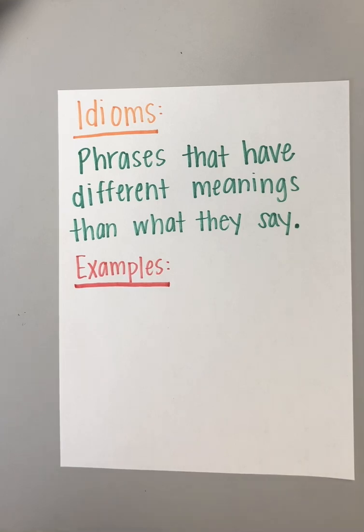Maybe your parents say them, your grandparents, people on TV. And they're kind of things that you just have to memorize. There's no way for you to figure out an idiom if you don't already know it. And so over the next week, we're going to practice learning some different idioms and what they mean so that if you come across them in a conversation, in a movie, in a book, you know what they mean.